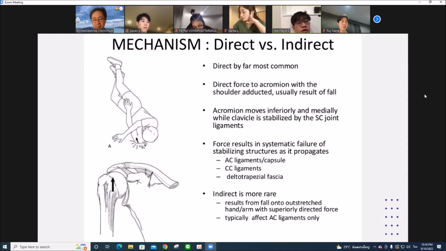This is usually what causes the AC or CC ligaments to tear. In contrast, indirect injury is very rare, but it can still happen if the patient falls onto an outstretched hand or arm with a superiorly directed force.